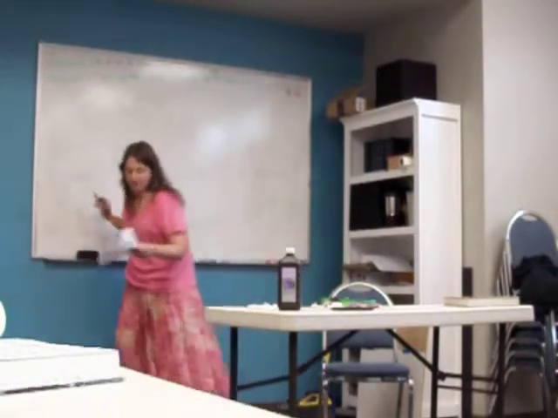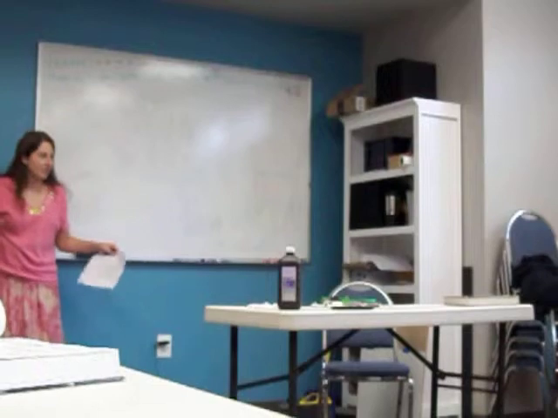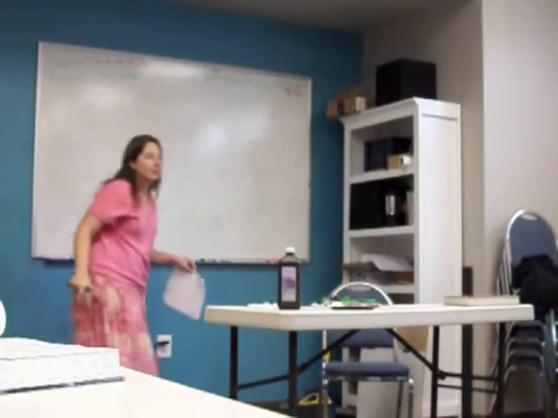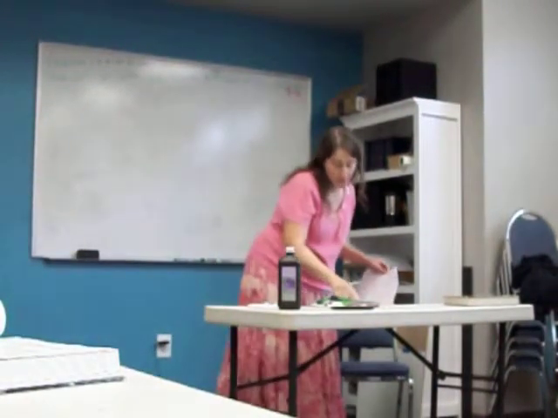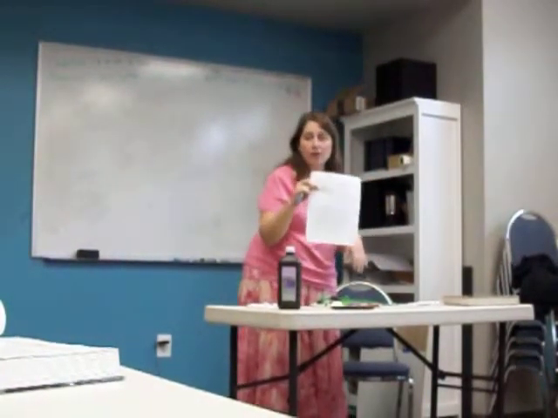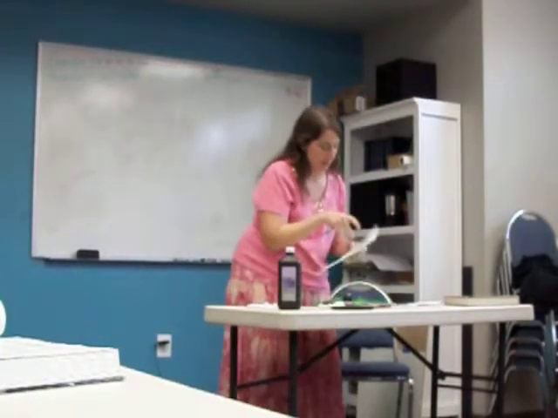So, parts per million. Anyone know the definition of parts per million? When you look at the study guide, you've got 5 definitions right here, and all 5 are on the test. Please memorize them. Parts per million is one of them. So, anyone to say?